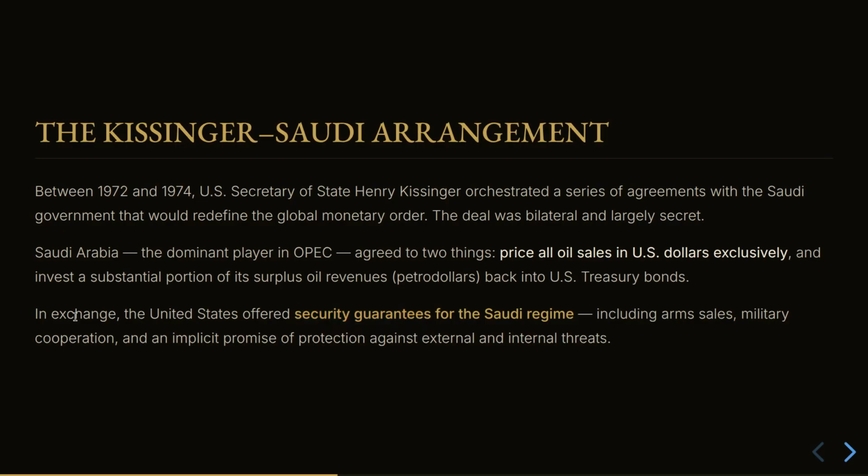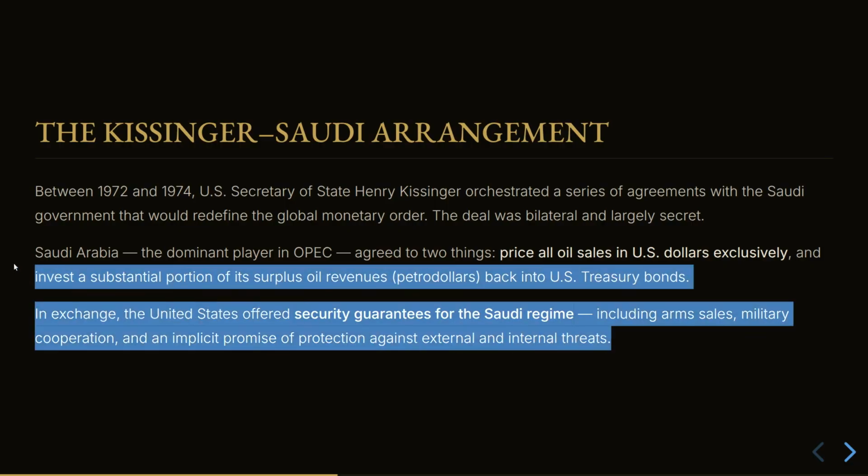At that point, the United States was much stronger, and the Saudi government had reason to believe that this was a good deal for them, including arms sales, military cooperation, and implicit promise of protection against external and internal threats. But remember, all this was secret.